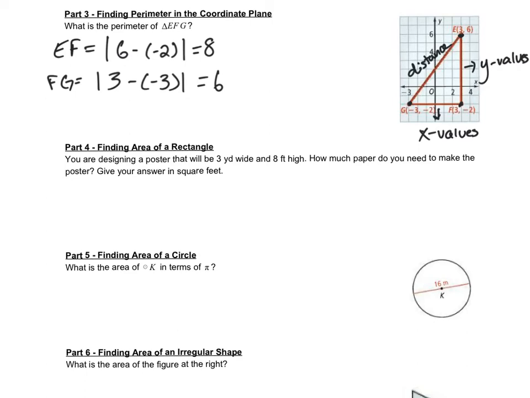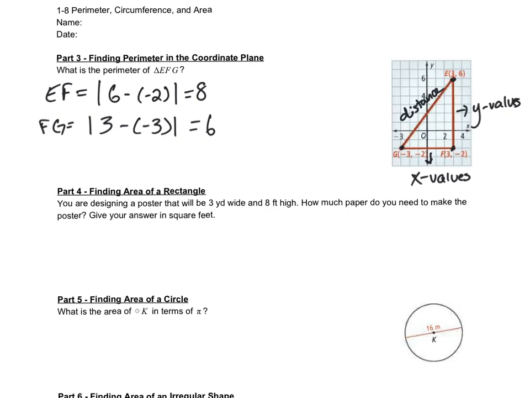Now, for E and G, we have to use the distance formula. So we'll call E x1 and y1, and G is negative 3, negative 2, and we'll let negative 3 be x2 and negative 2 be y2.